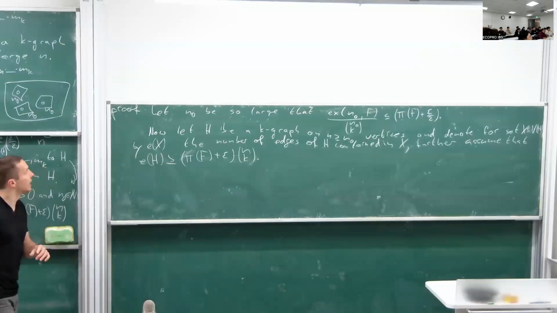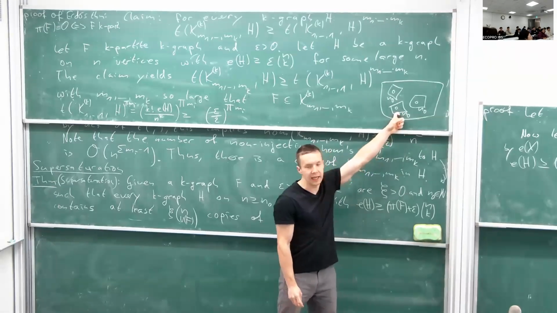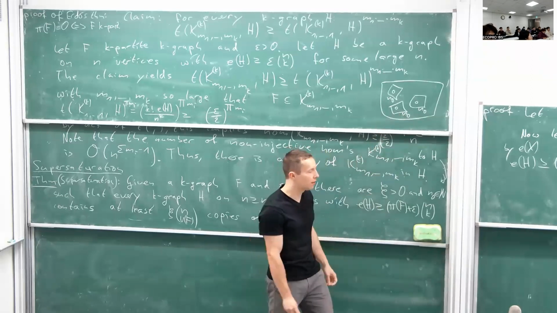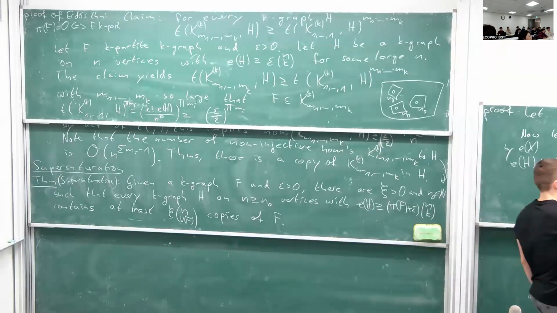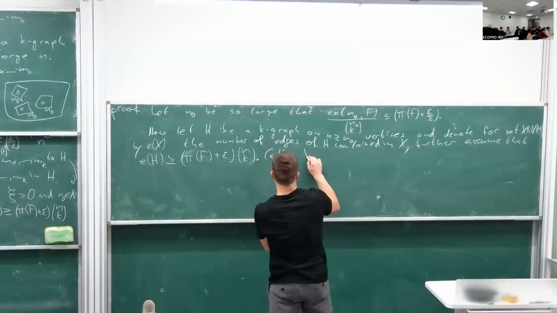Okay, and now let's refer to those sets where we have many edges, so that we know that we have a copy of F, as good. So those sets X of size n0 are called good.